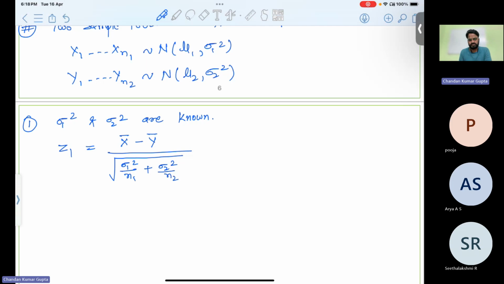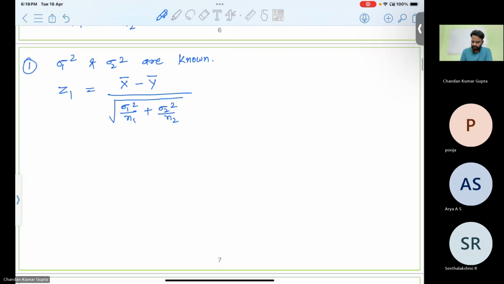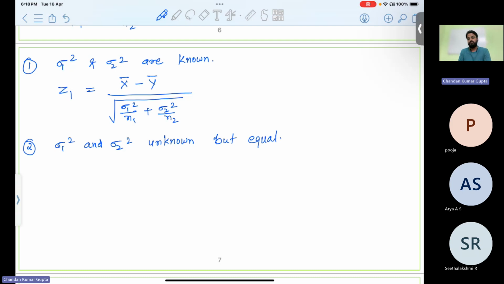This is the test statistic. The second case is when sigma1 square and sigma2 square are unknown, but equal. We have only this information.